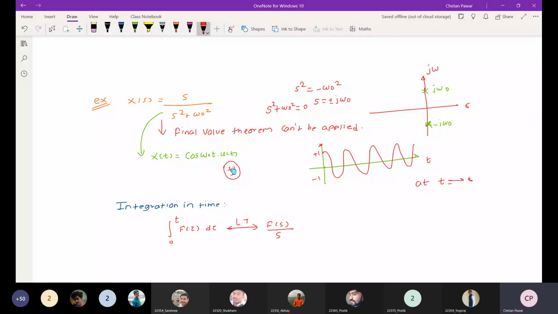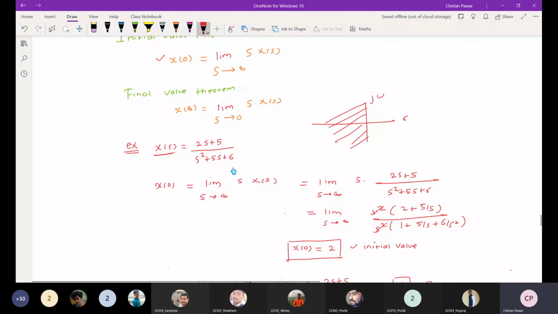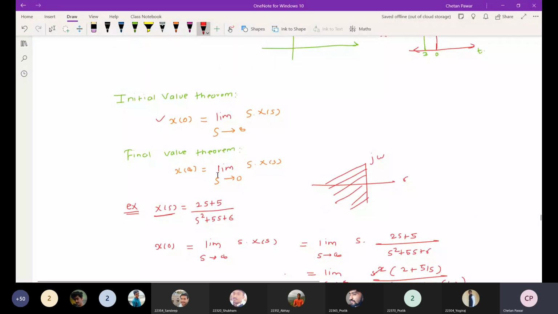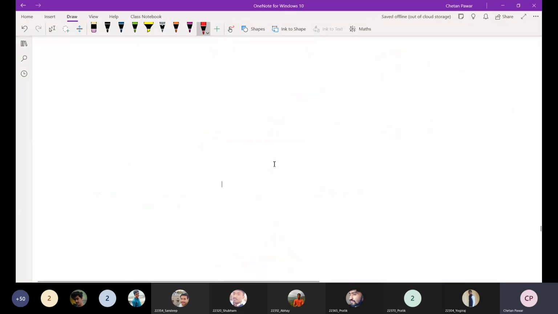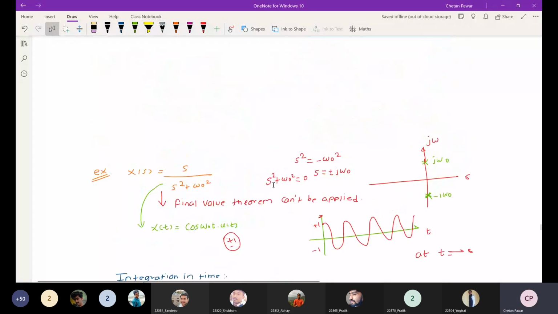If you directly apply the final value theorem on this, what is the final value theorem? X of infinity is equal to limit s tends to 0 of s into x of s. If you apply it here, you will get 1 upon omega naught square, but that value will not be correct. This signal lies between plus 1 and minus 1 as t tends to infinity.